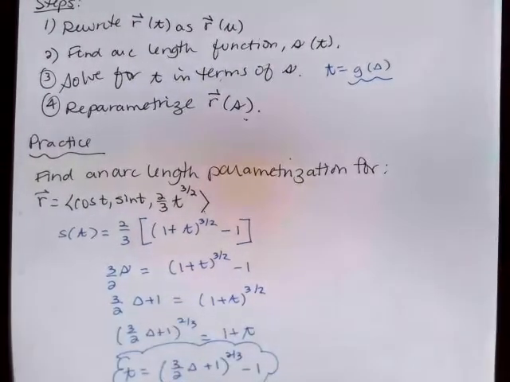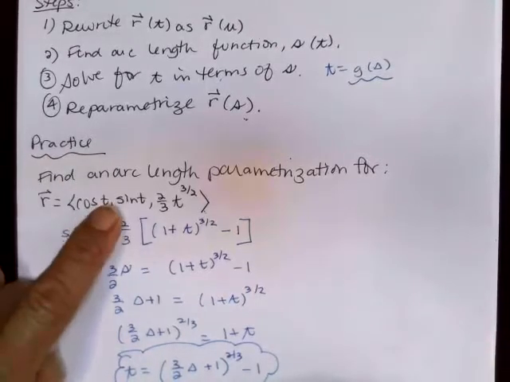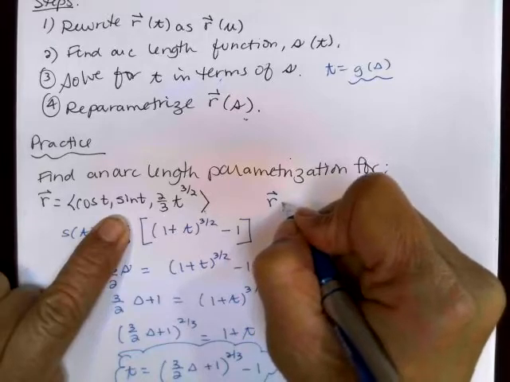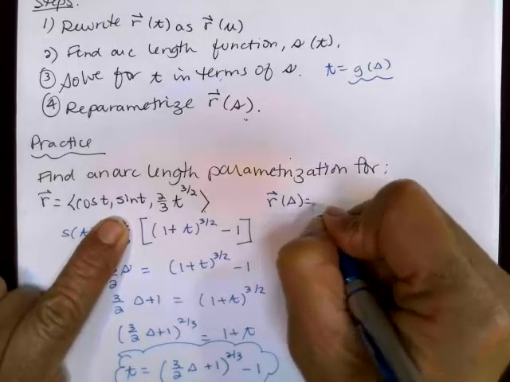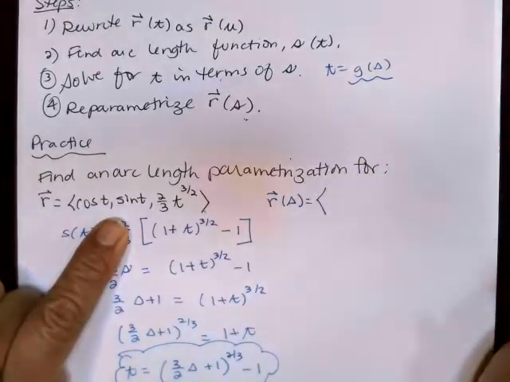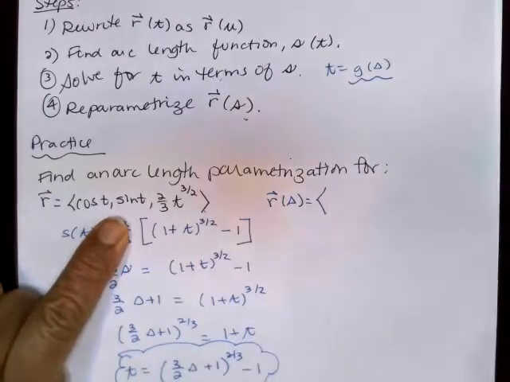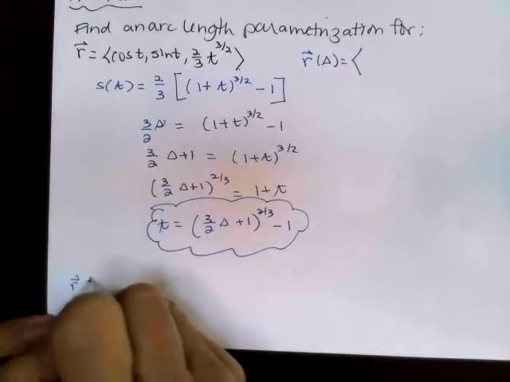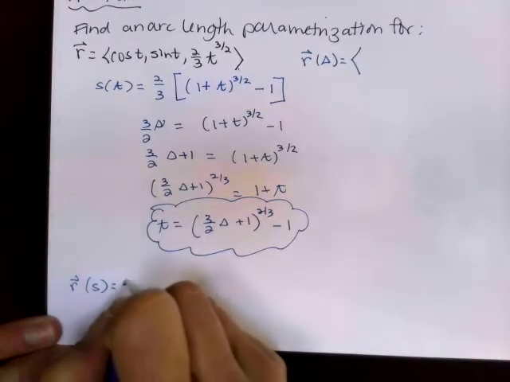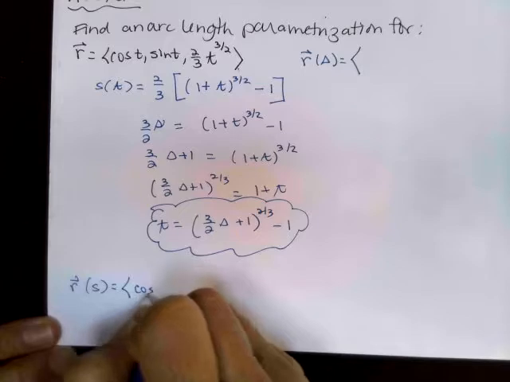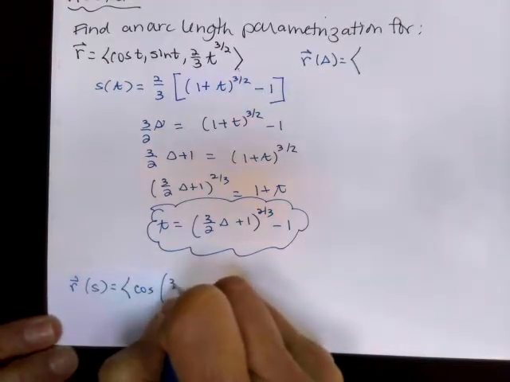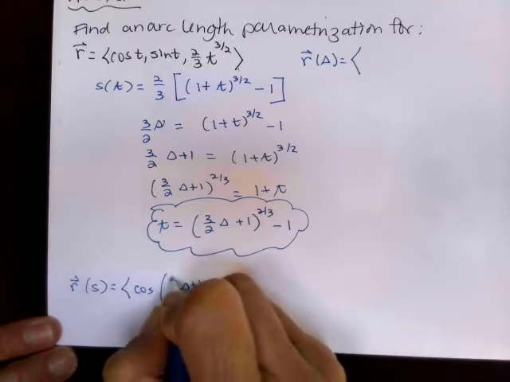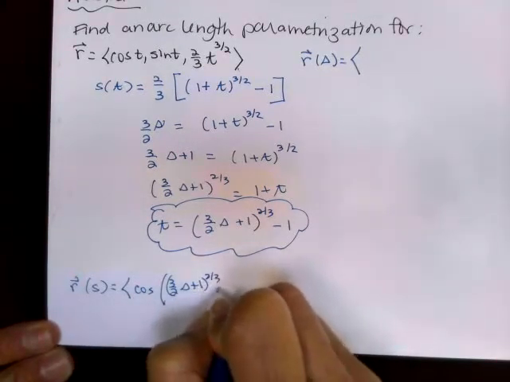Now I'm going to take this and reevaluate my original vector function r. Now it's in terms of s, and oh my gosh, it is so ugly. In fact, it's not going to fit there. Hold on, we're going to put it down here. So r of s equals the cosine of 3/2 s plus 1, to the 2/3, minus 1.